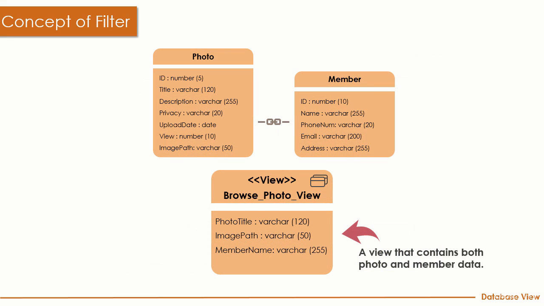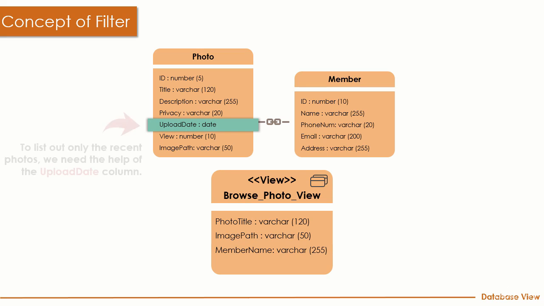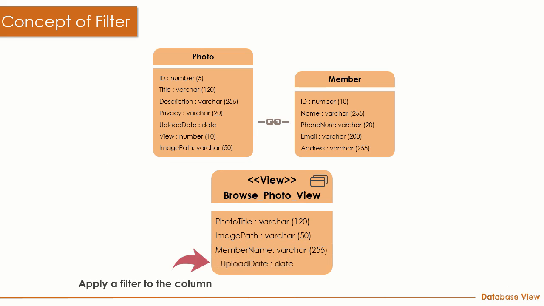So we base it on the browse photo view and enhance it to support recent photos. The upload date is stored in the photo entity, showing when you uploaded the photo. We can add this upload date to the browse photo view and add a filter to show only the photos uploaded within 5 days. Let's see how it works.